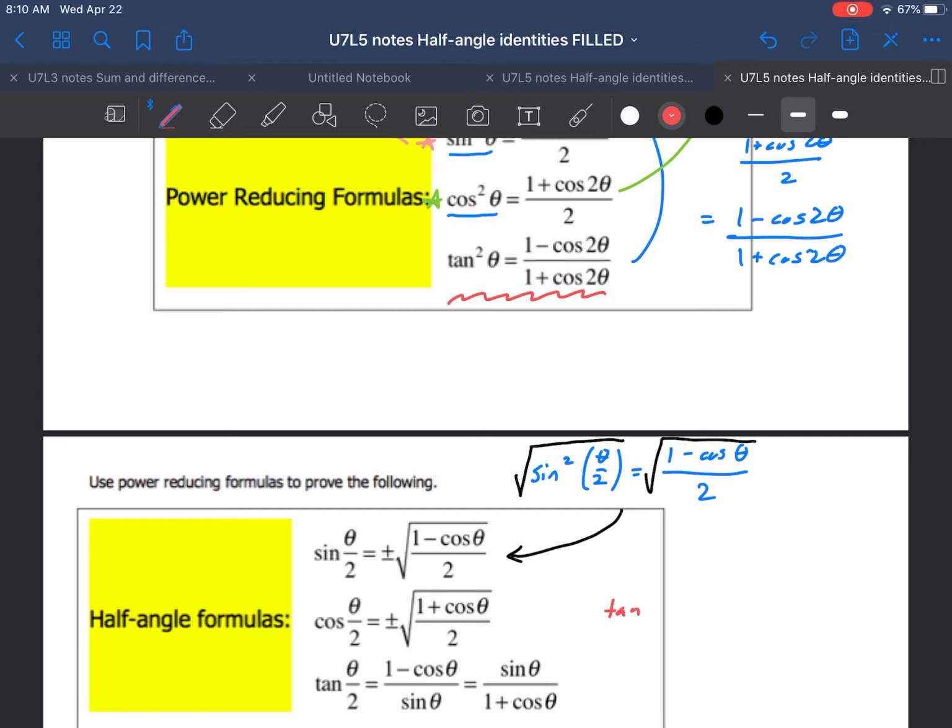and I rewrite it, then I could say that tan squared theta over 2 is equal to 1 minus cosine. Now it's not going to be 2 theta anymore, it's going to be theta over 1 plus cosine theta. Okay?